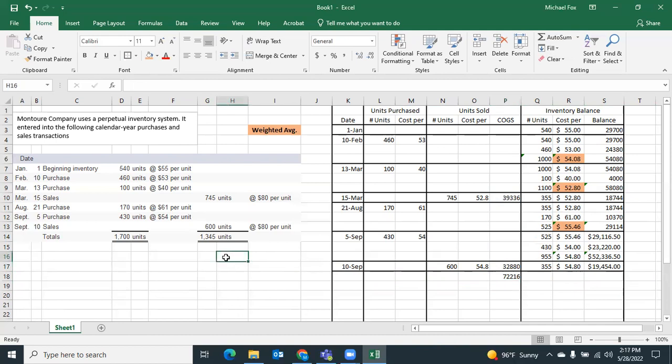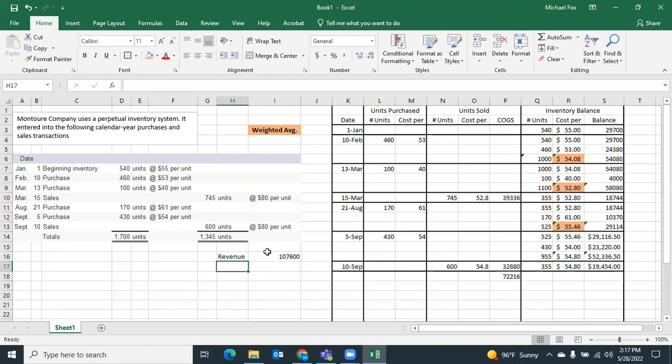If we wanted to find our gross profit, we would just do our revenue, which is the number of units sold times the sales price per unit. We sold 745 units for $80 a unit and 600 units for $80 a unit. So we could just say 745 plus 600 times 80.